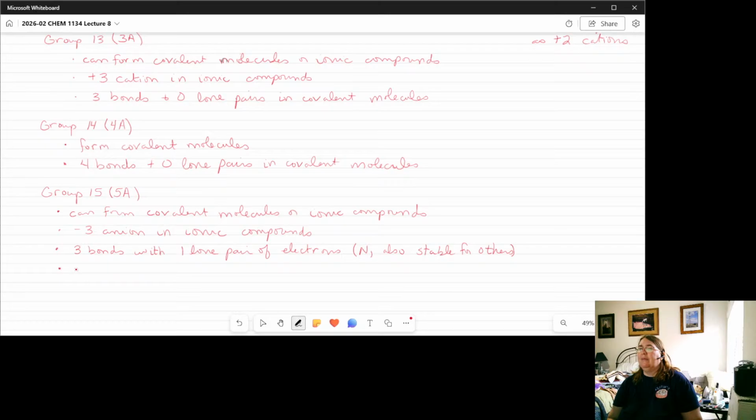The period 3 or higher will lean towards 3 bonds or 5 bonds.